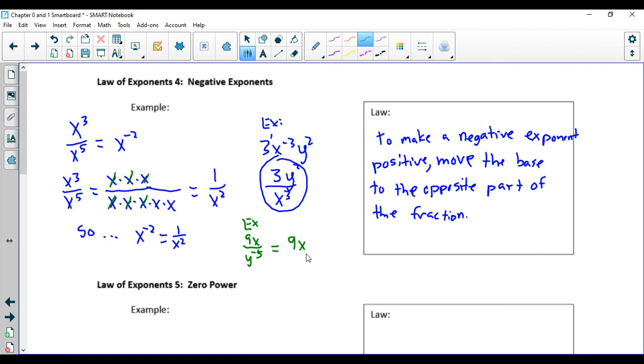But this negative exponent I can't leave. Therefore, I move it to the opposite part of the fraction. So since it's on the bottom, I'm going to move that base up top with the 9 and the x. And then once I move that up top, that exponent becomes positive. So this is the same as 9xy to the 5th.